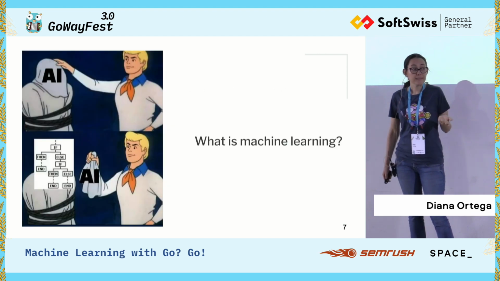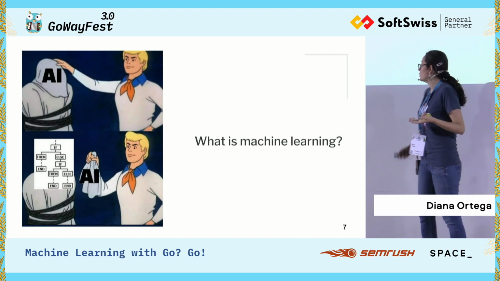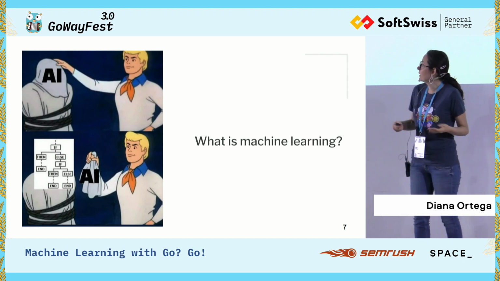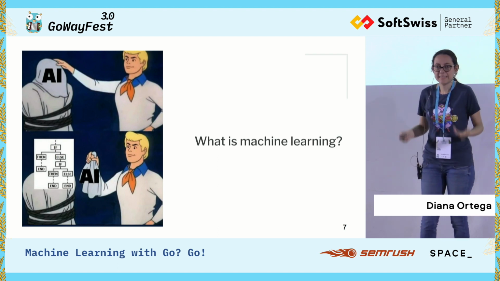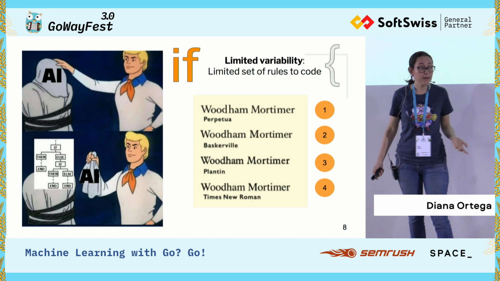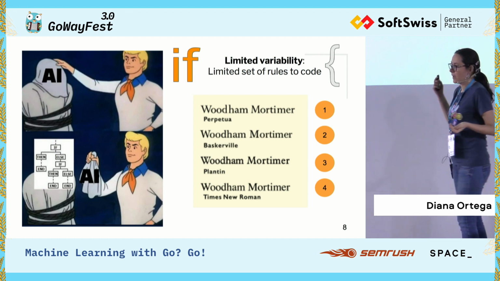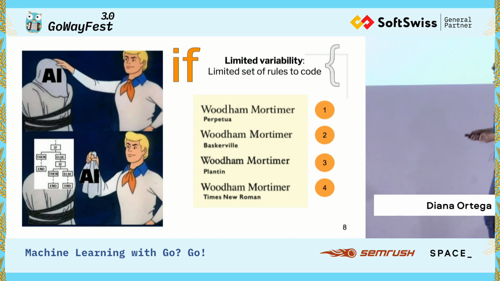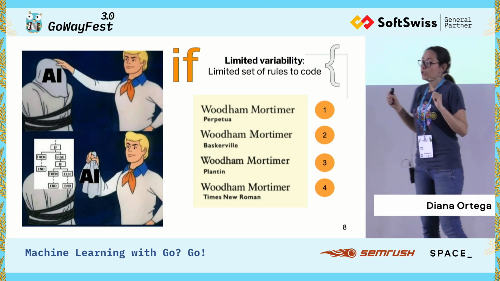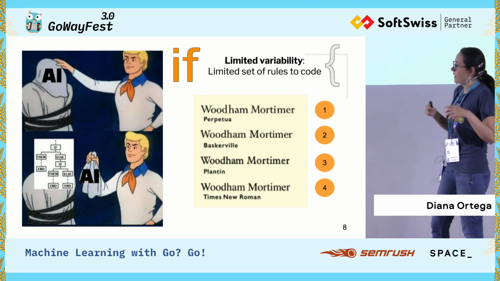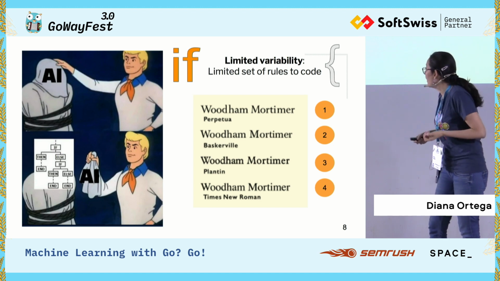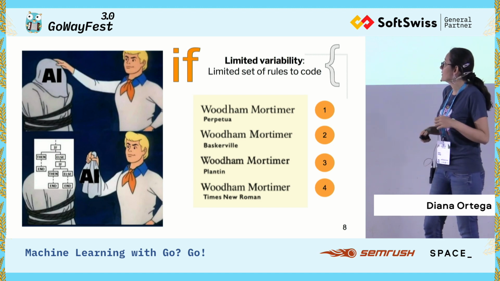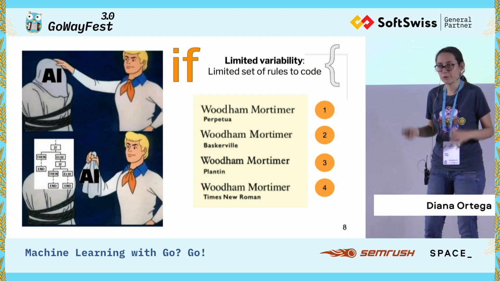But we can express traditional programming as coding all the rules that describe a system. For example, for handwriting, if we have 4 font types like this one, it would be easy to recognize handwriting and text coming from these fonts, because we have a limited set of rules.